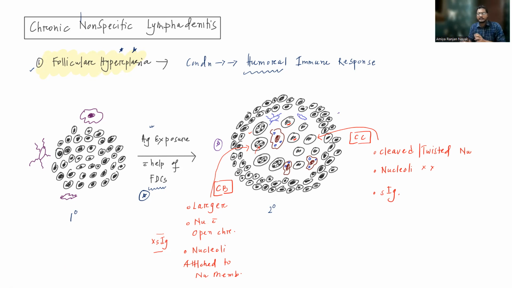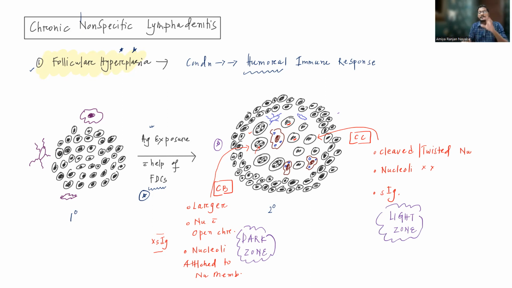Now, this centroblast rich region is known as the dark zone, and the centrocyte rich region is known as the light zone. So the dark zone and light zone are based on the presence of centroblasts or centrocytes.